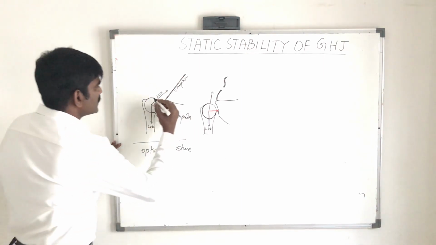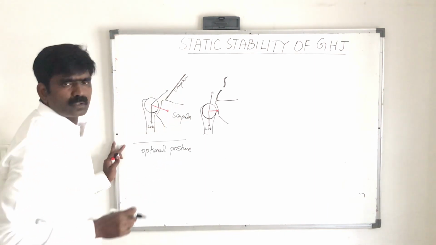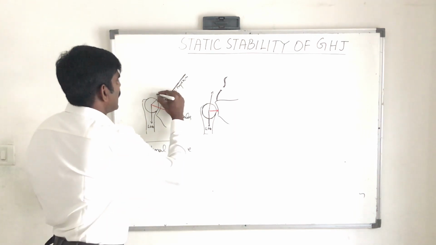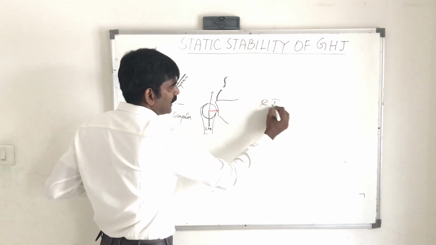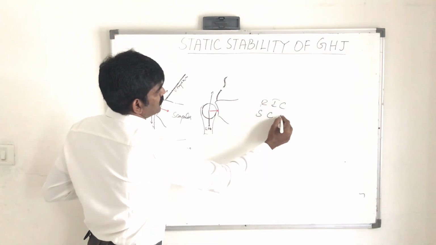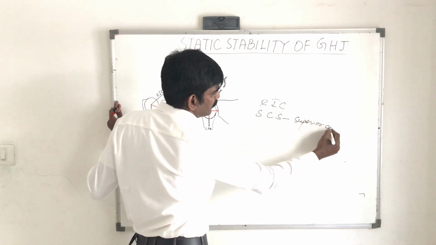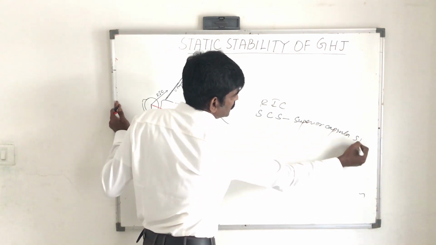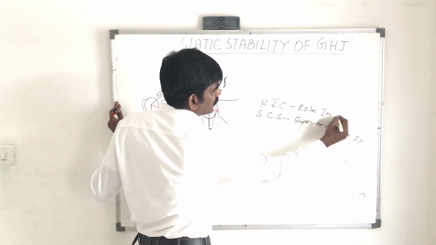Clear? And what is this SCS? I have already told. Rotator interval capsule, RIC. Both are the same, RIC and SCS. SCS means superior capsular structure and RIC means rotator interval capsule.